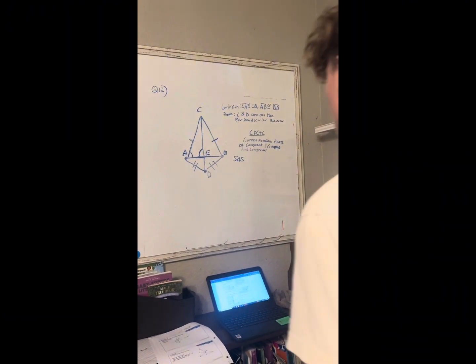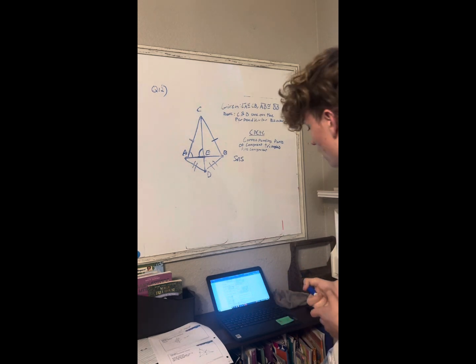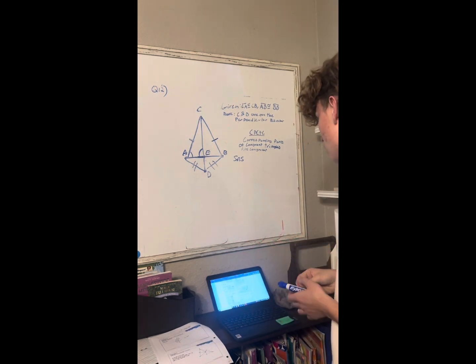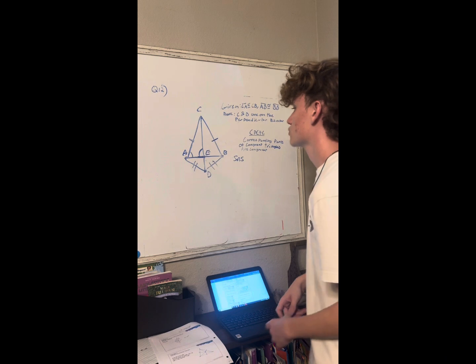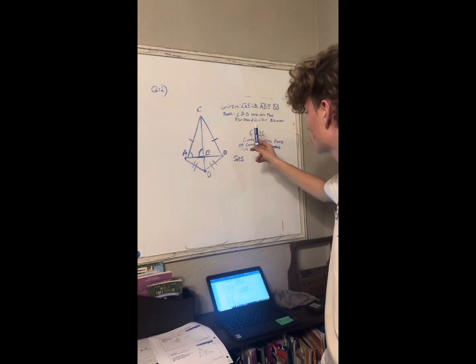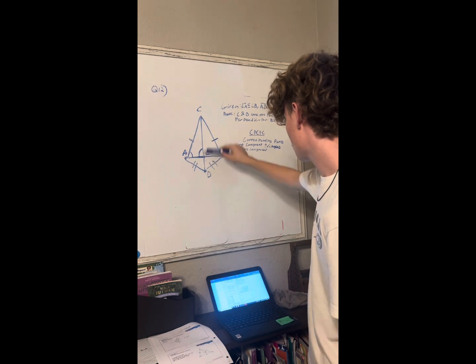All right, for number 6 on question 12, which I don't know why there's a question this long, this one is triangle CEA equals triangle CEB. You have triangle CEA and triangle CEB.